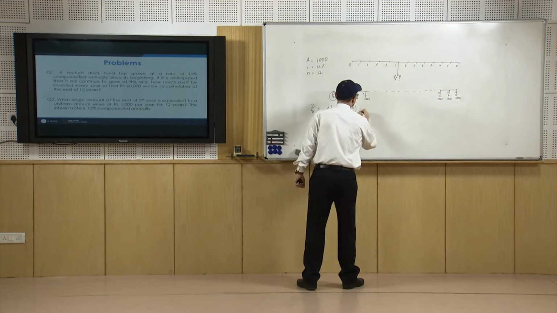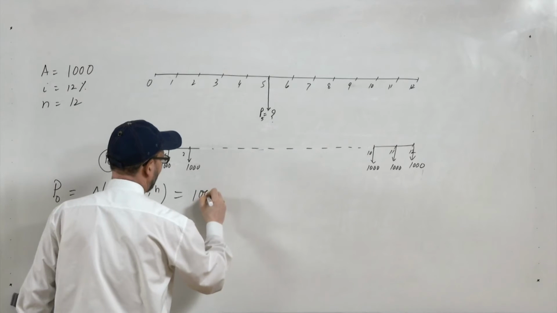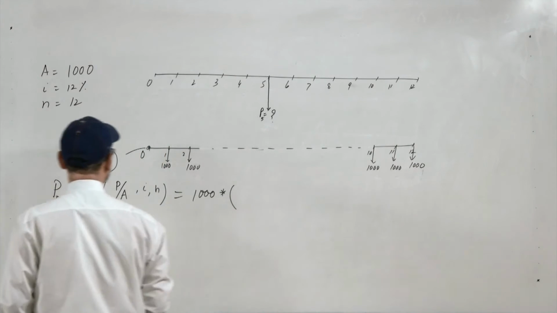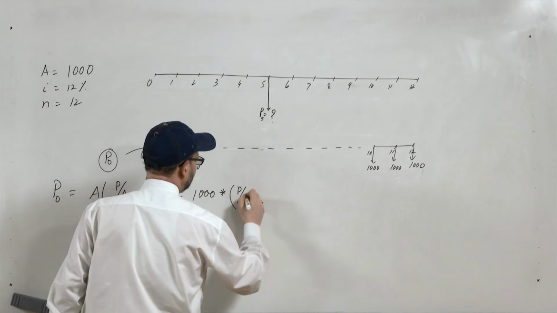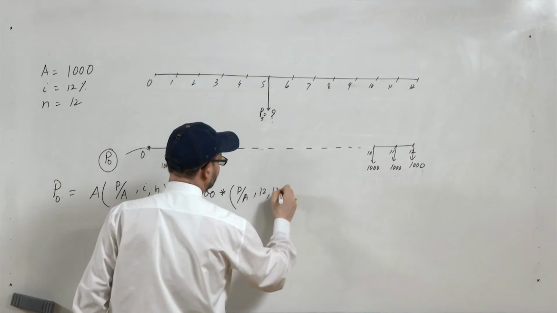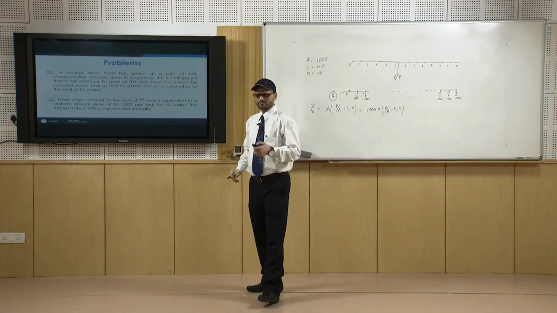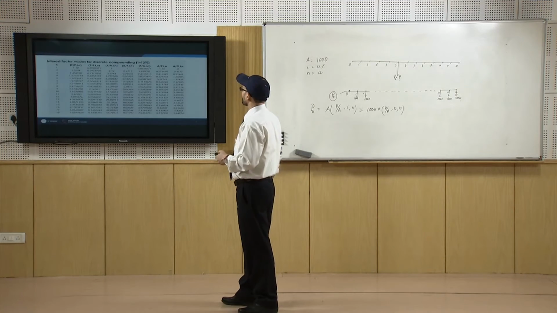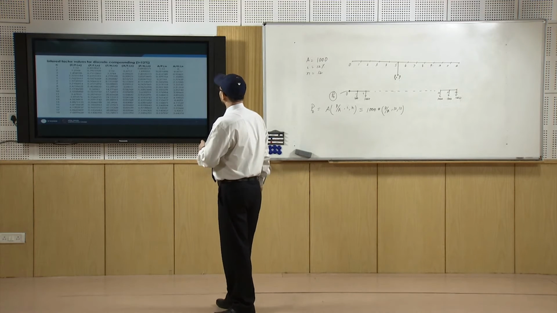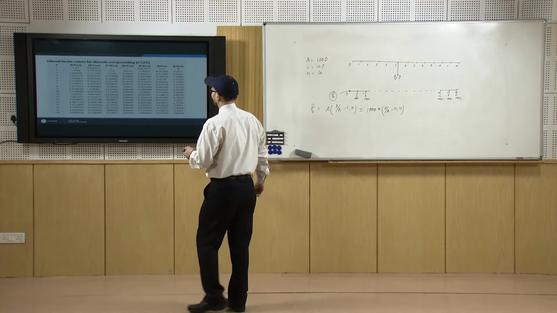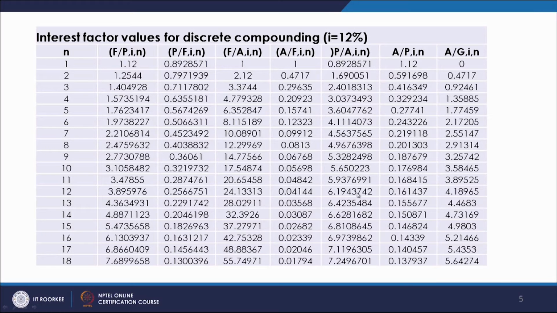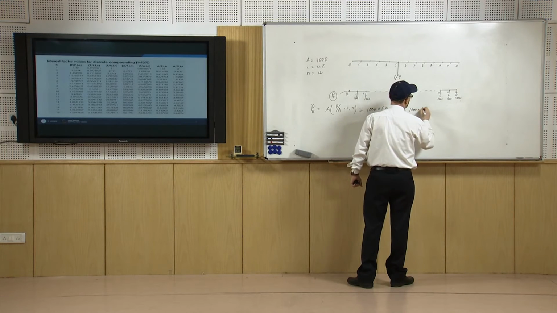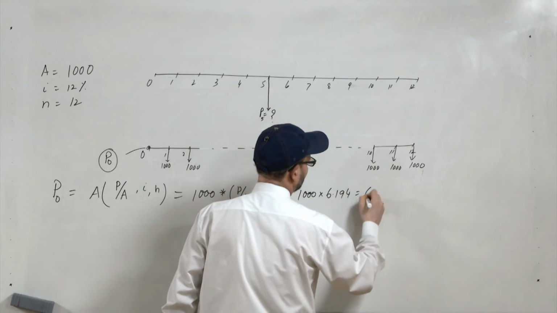So, P0 can be found as 1000 times the factor P by A 12 12. Now, P by A 12 12 you can get from the interest factor table. P by A 12 12 is 6.194. So, 1000 times 6.194, that is 6194.